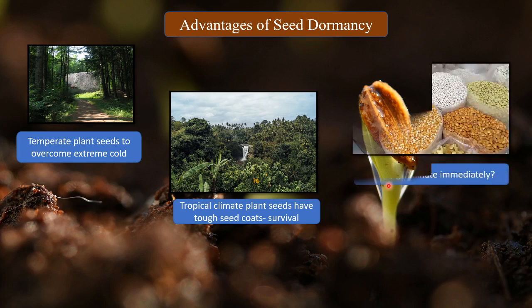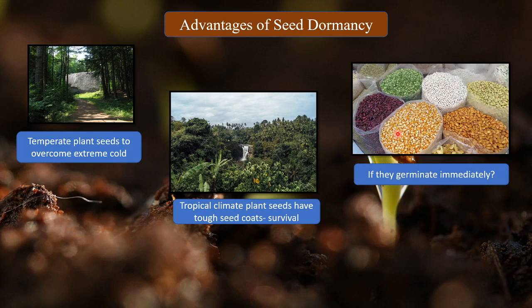Then the next advantage would be, most of the pulses that we use at our home, we never notice, but all of these are seeds and all of these are dormant, right? Imagine if all of these seeds germinated as soon as they are harvested. How are we going to eat them, right?